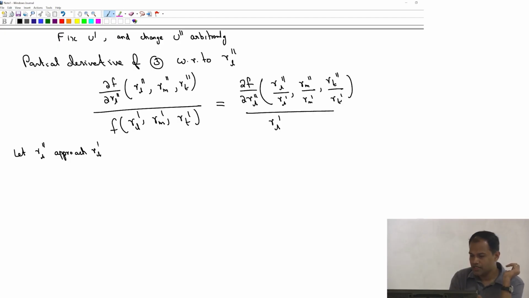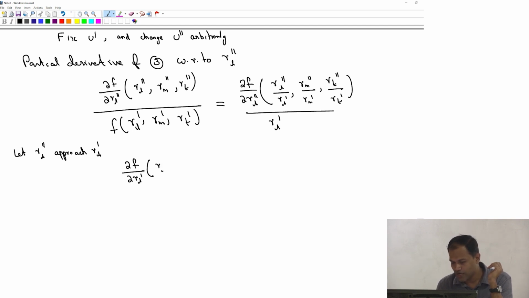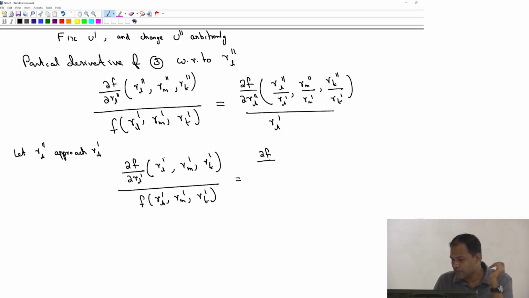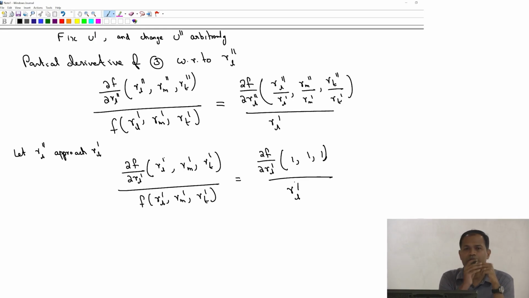So in which case this quantity is nothing but dou f by dou RL prime of RL prime, RM prime, RT prime divided by f of RL prime, RM prime, RT prime, which is equal to dou f by dou RL prime of 1, 1, 1 divided by RL prime.